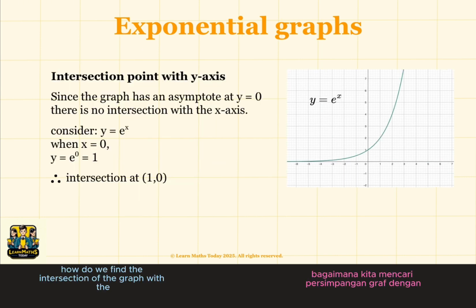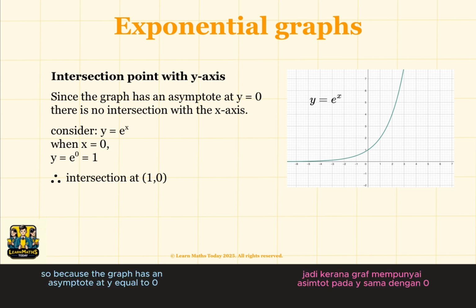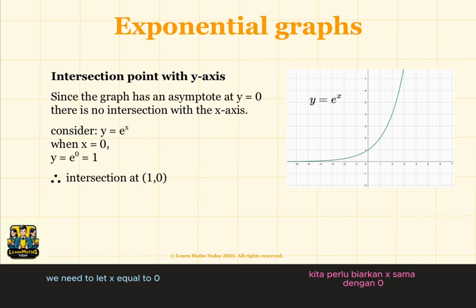So, how do we find the intersection of the graph with the y-axis? So, because the graph has an asymptote at y equal to 0, there is no intersection with the x-axis. So there's only an intersection with the y-axis. So to find the intersection with the y-axis, we need to let x equal to 0.